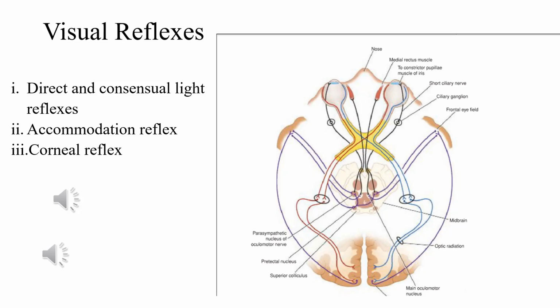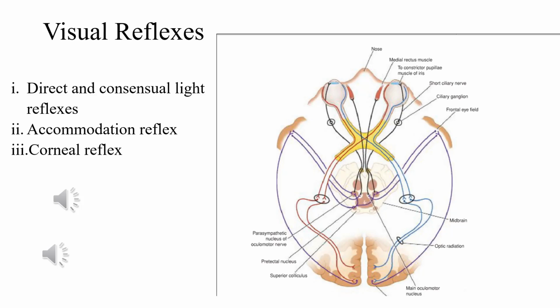So after synapsing, those fibers ending up at the Edinger-Westphal nucleus will pass through the parasympathetic nerve fibers of the oculomotor nerve, pass on to the ciliary ganglion, and then through the short ciliary nerve to the ciliary muscle, right?